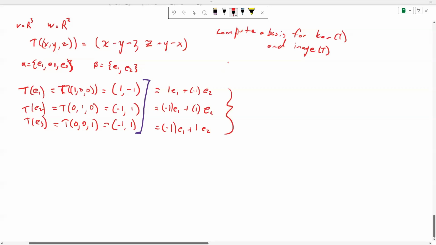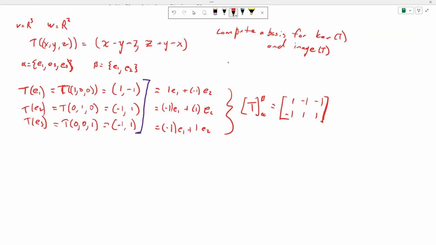And this gives us that T alpha beta is equal to the matrix [1, -1, -1; -1, 1, 1]. Now, this matrix is useful, but in terms of solving for the image and the kernel, the question is why? We're going to start by looking at the kernel.